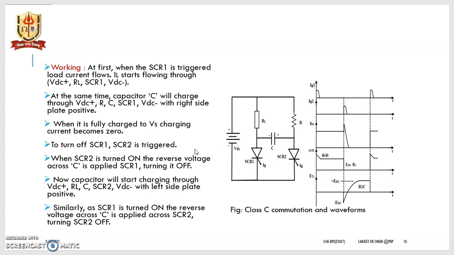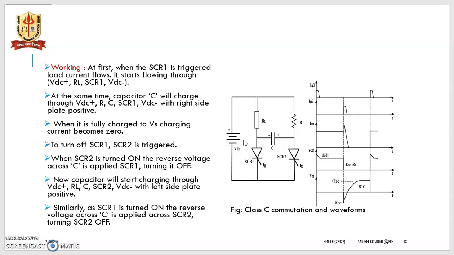Now to turn off SCR1, SCR2 is triggered. A gating signal will be provided at the second gate, and it will turn on SCR2, and as soon as this SCR is turned on, it is acting as a short circuit, and therefore the capacitor is connected across the SCR1, and due to this reverse polarity, negative here and positive here, positive will come to the cathode side and anode is negative.